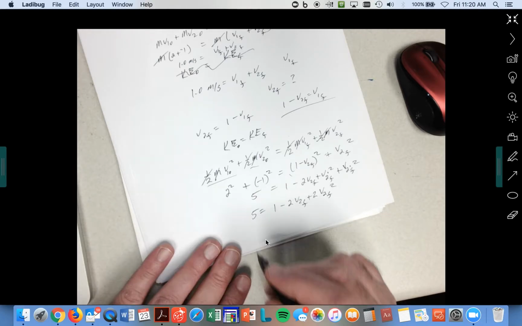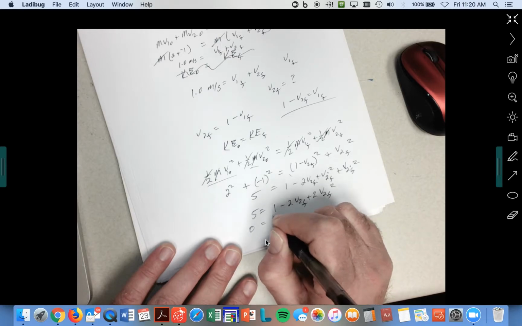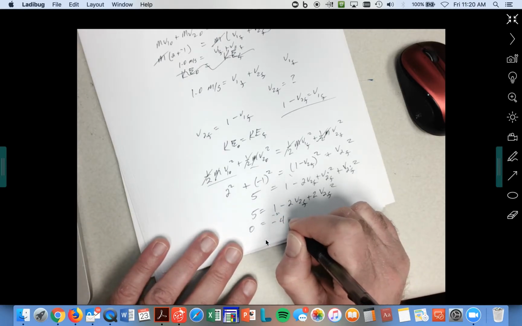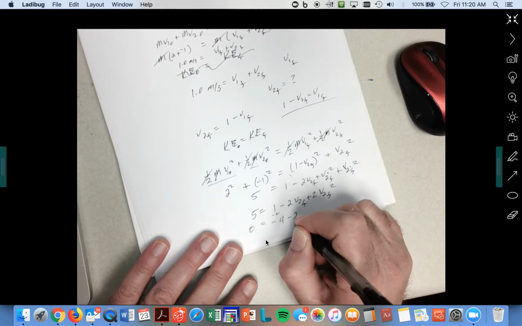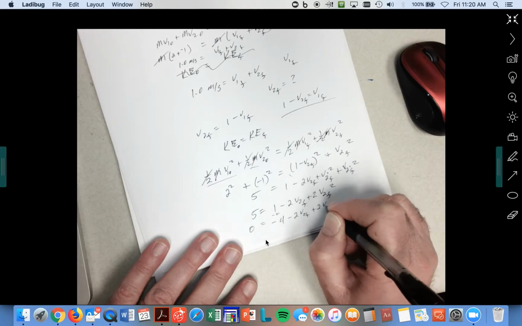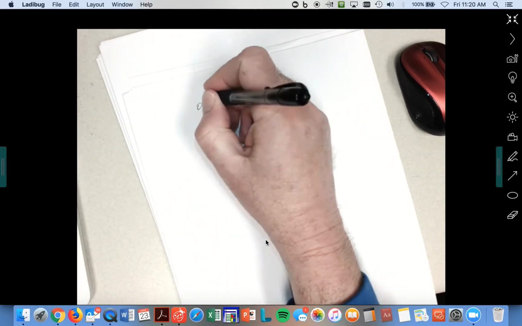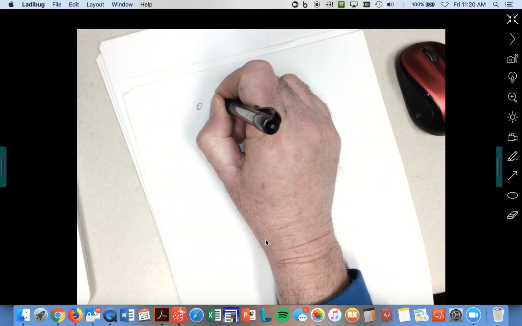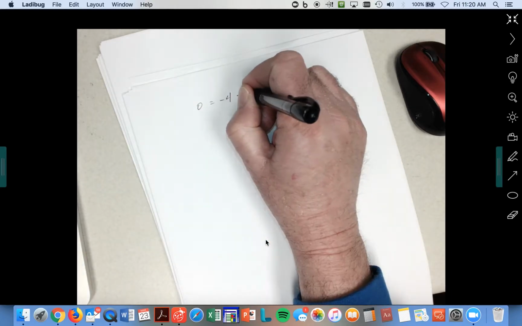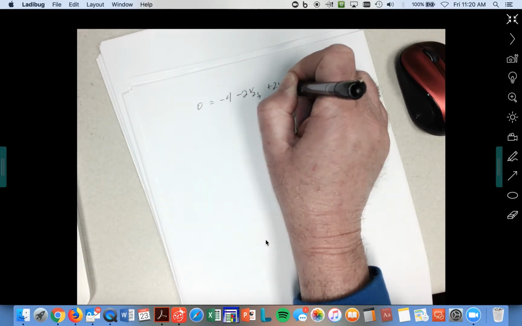Yes, indeedy. So let's make this 0. Let's subtract 5 from both sides. If we subtract 5, we get minus 4 minus 2V2 final plus 2V2 final squared. So I'm going to rewrite that so it's a little bit bigger. We've got 0 is equal to minus 4 minus 2V2 final plus 2V2 final squared.